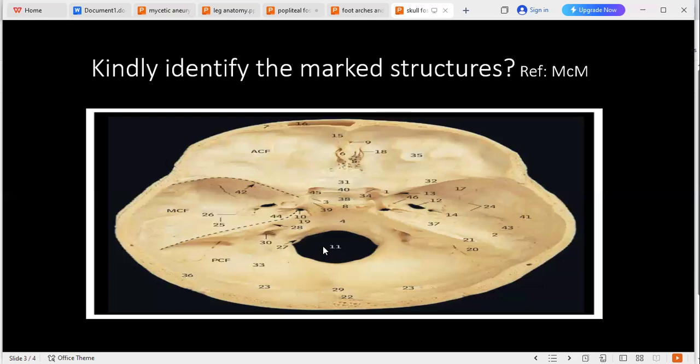If you can quickly tell me which 4 are unpaired and which 6 are paired. Unpaired are superior sagittal sinus, inferior sagittal sinus, straight sinus, and sigmoid sinus. Yes. And paired are superior and inferior petrosal sinus and transverse sinus.